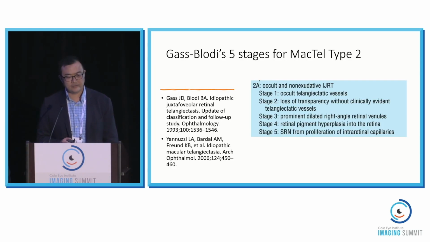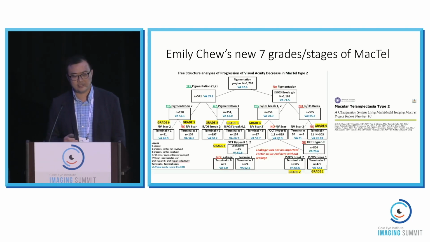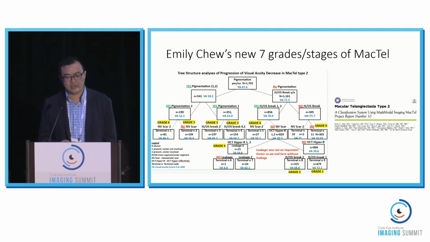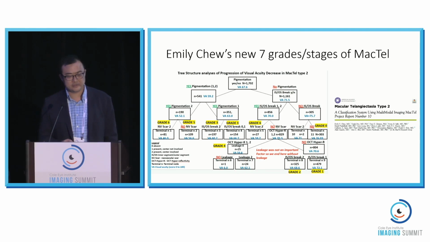And so, in the realm of MACTEL type 2, hopefully everyone in this audience knows this classification from Gass and Blodi from many, many years ago. You may not be as aware of a new classification system that was led by Emily Chew as part of the MACTEL consortium, where they used CART tree analysis to try and classify MACTEL into 7 different grades or stages.